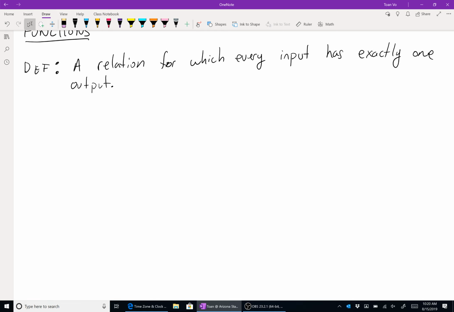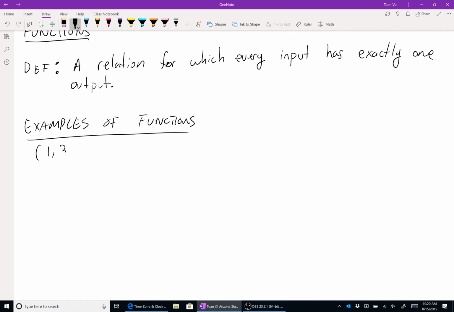There are a lot of ways to spot this visually. I think an easy way to figure out this definition is to look at examples and non-examples. So some examples of functions. What if I gave it to you in ordered pair form? Say (1, 3), (2, 5), (8, 9).